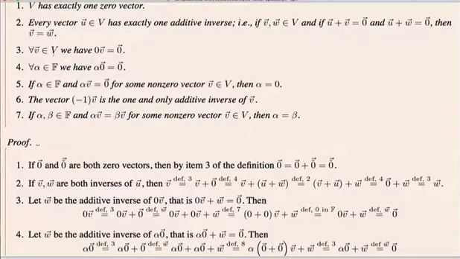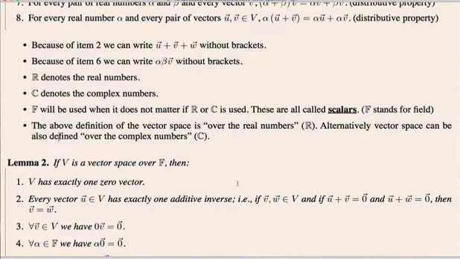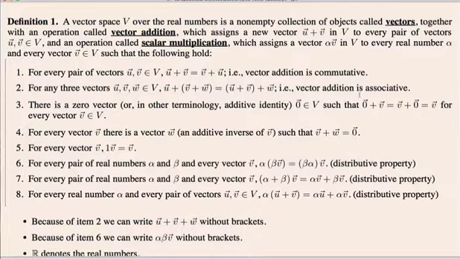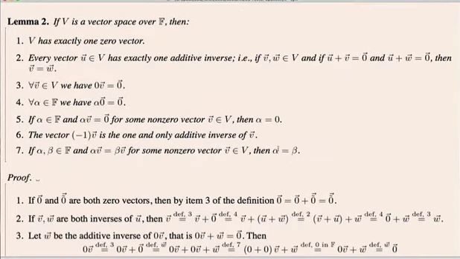The first one, that there is exactly one zero vector. If we have a zero vector and another 0 tilde vector that are both playing the role of zero vectors, then item 3 of the definition says that we can add these zero vectors to other vectors and it doesn't change those vectors.